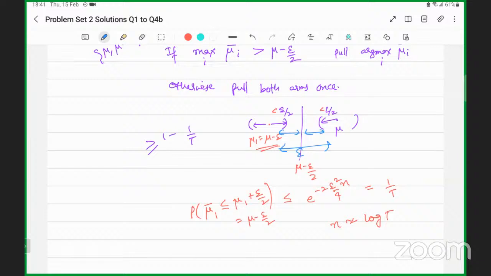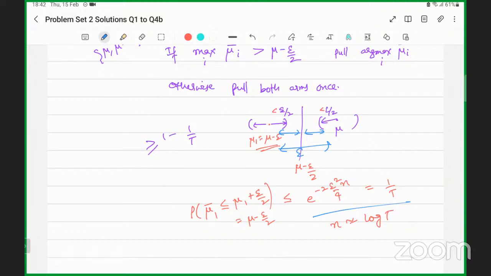Because by t is less than or equal to 1 by t, right? Like Hoeffding, you just equate this to 1 by t. You want it satisfied with very high probability. It means that the amount is less than epsilon.